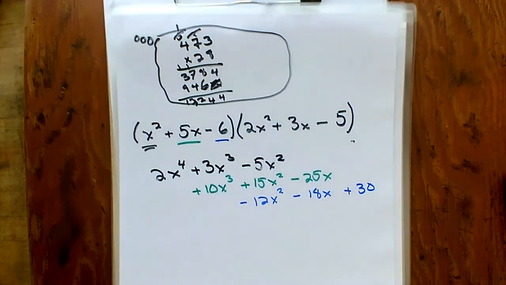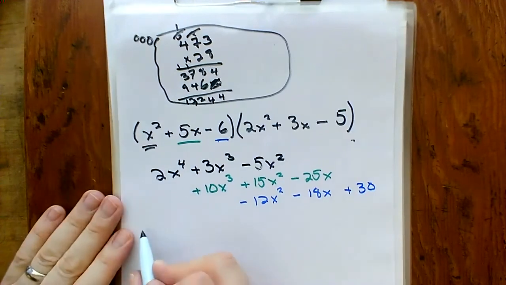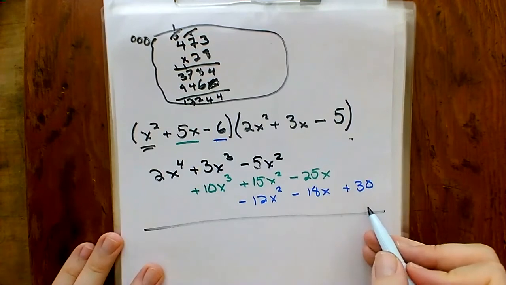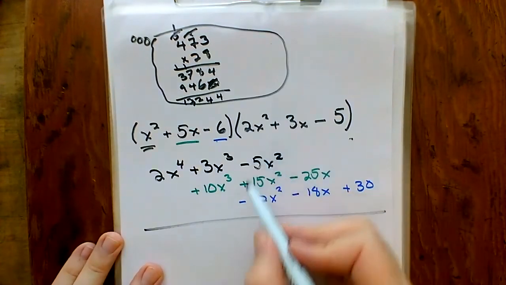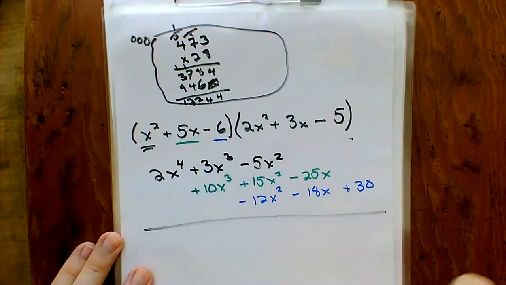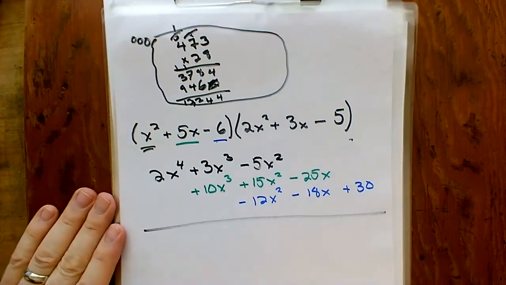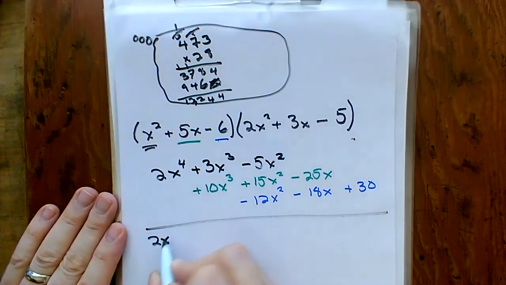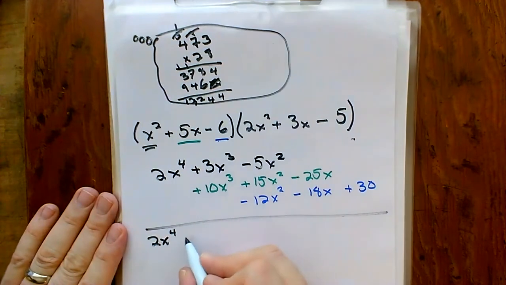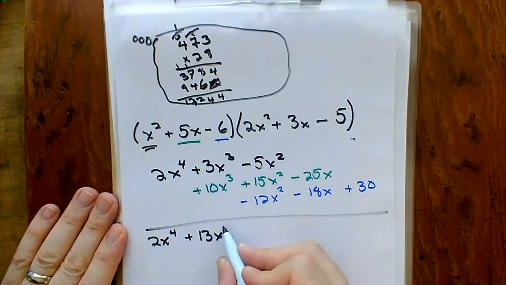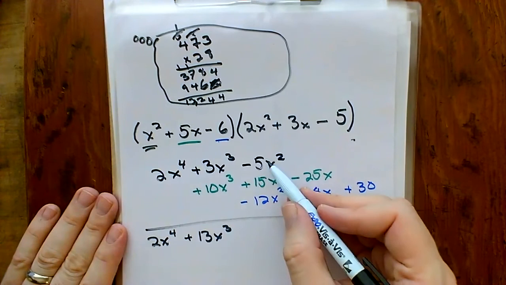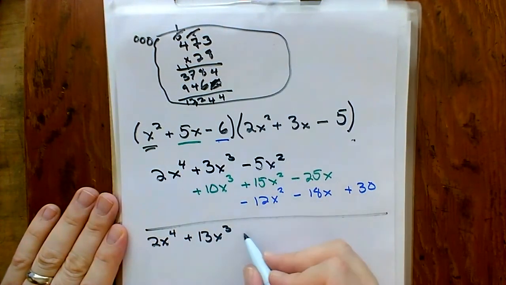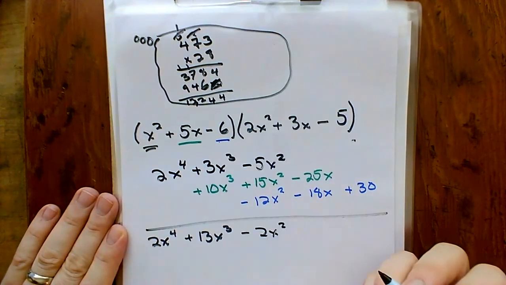So what we're doing here is we're essentially lining up our place values. So our constants are added together, our x values are added together, our x squareds are added together, cubes and fourths, just like that. So now when I'm done, I can say, oh, 2x to the 4th, 3x cubed plus 10x cubed is plus 13x cubed. 5x squared plus 15x squared is going to be 10x squared, minus 12 is going to be minus 2x squared.